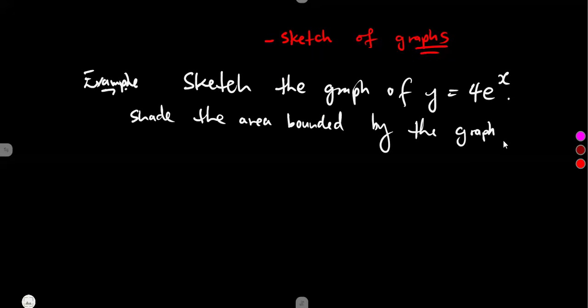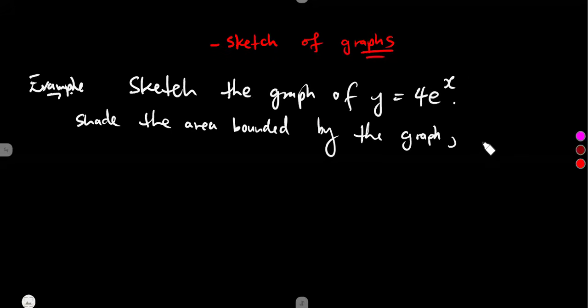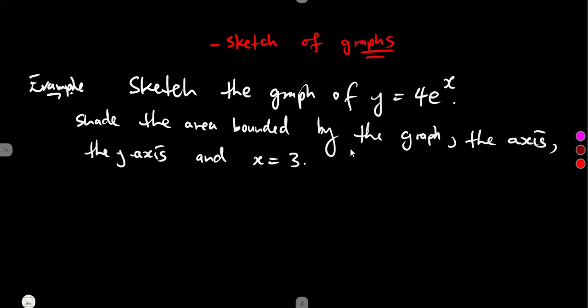So these are the conditions now that you're given. It's by the graph, comma, the x-axis, the y-axis. So we must consider all these conditions, and x is equal to 3. So these are the conditions. Then show the elementary strip and calculate the area.